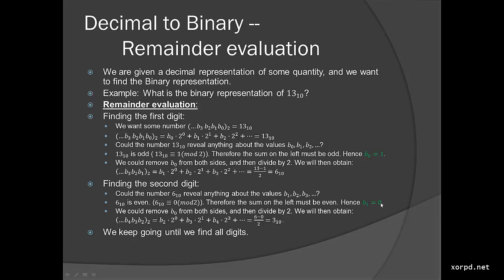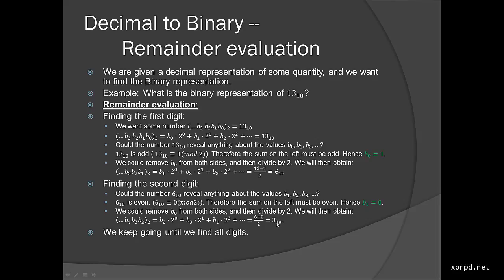We could then remove b0 from both sides and then divide by 2. Notice that since b0 equals 0 this time, we don't actually remove anything from both sides. We just divide by 2. But we could think about it as subtracting 0 from both sides. Then we divide by 2. And we get again a new equation that looks something like this.